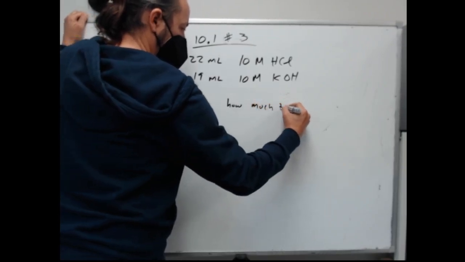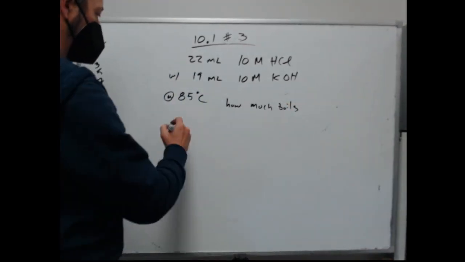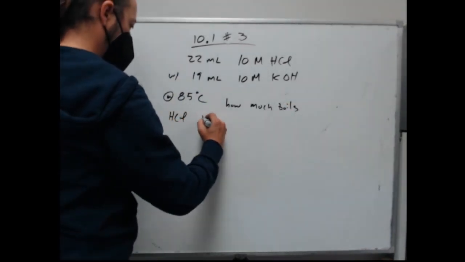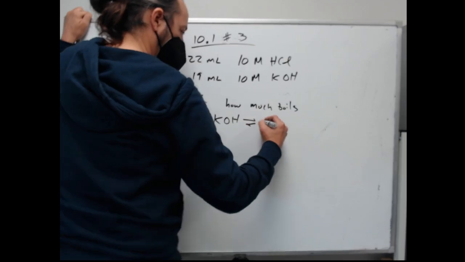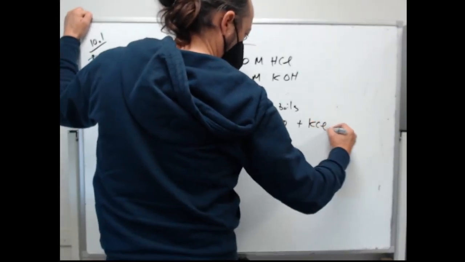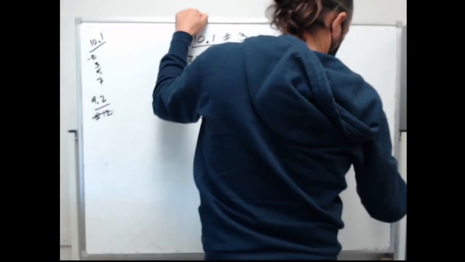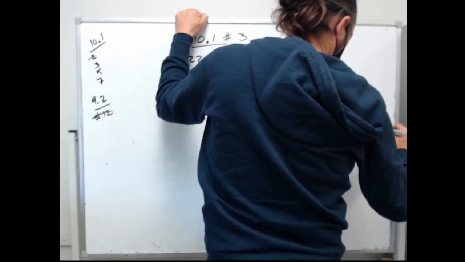And then it gives you the reaction, which is HCl aqueous plus KOH aqueous goes to H2O liquid plus KCl aqueous, and the delta rH standard is negative 57.3 kilojoules per mole.